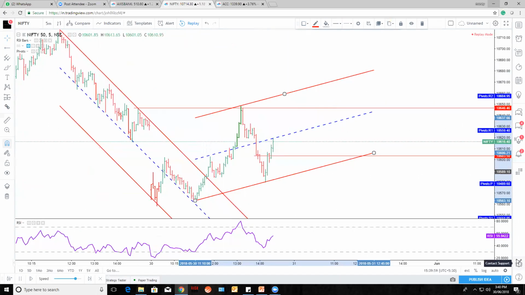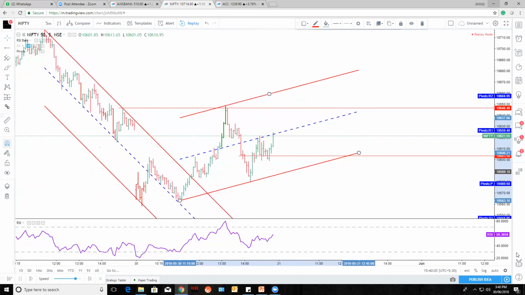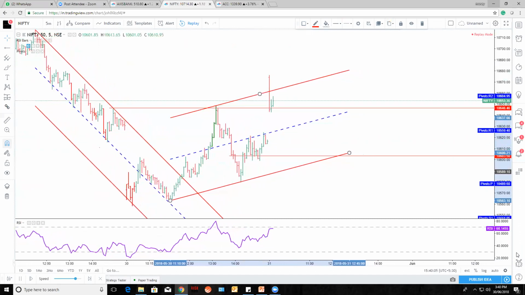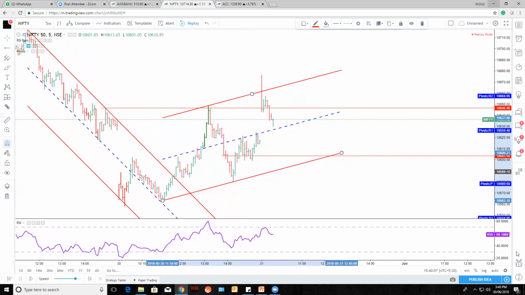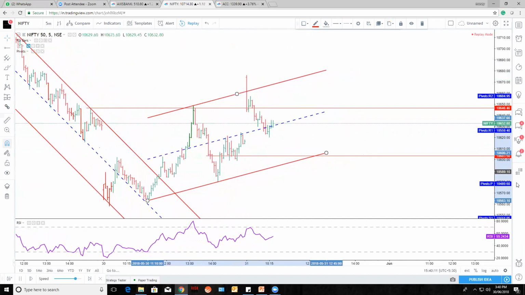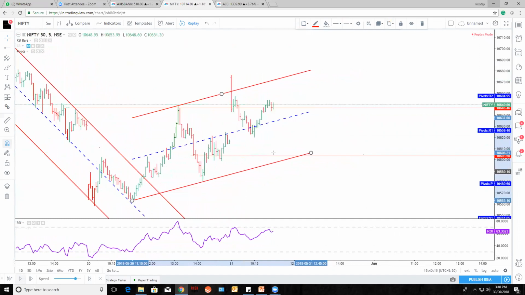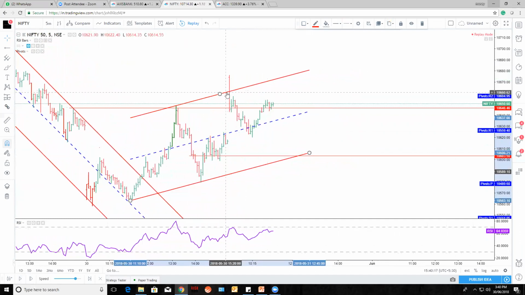Let's see. So it went up the next day. I'm telling you, this is the price where we need to, this is a valid channel. Again, it went above, meaning this is the opening price and this is the closing price.